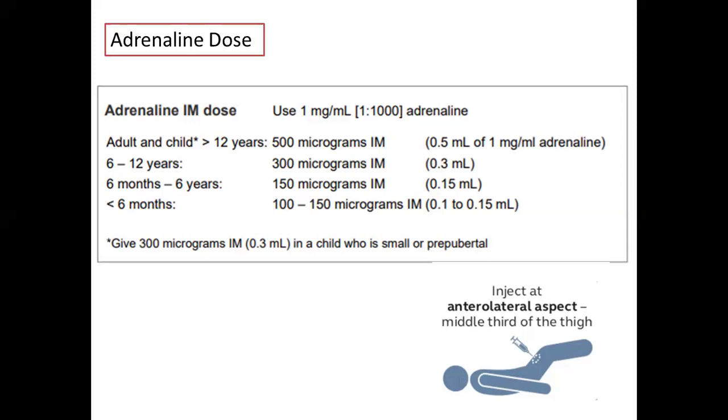What is the dislocation? In status epilepticus, what is the most possible dislocation you can get? Posterior shoulder dislocation, right? So what are the other immediate complications? Aspiration and brain damage.